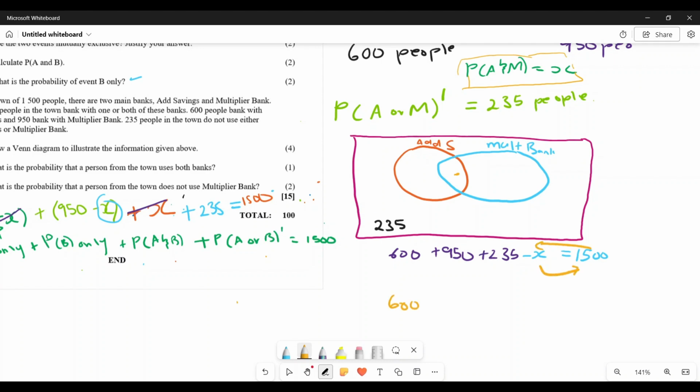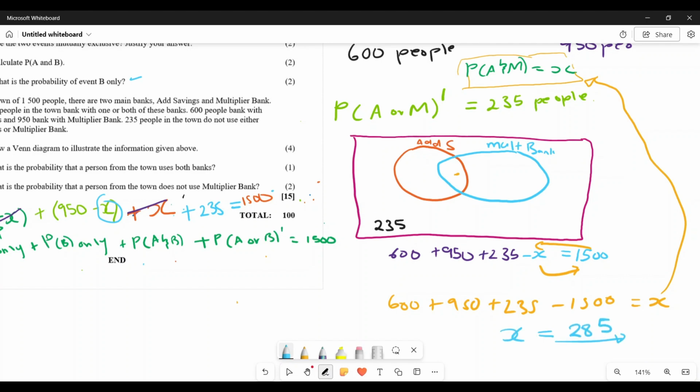So 600 plus 950 plus 235 minus 1,500 should be equal to x, the number of people banking with both banks. Punching this in, our x, people who bank with both banks, are 285. These are the number of people who are banking with Edge Savings as well as Multiplier Bank.